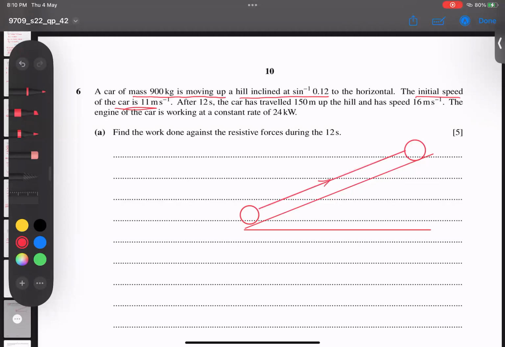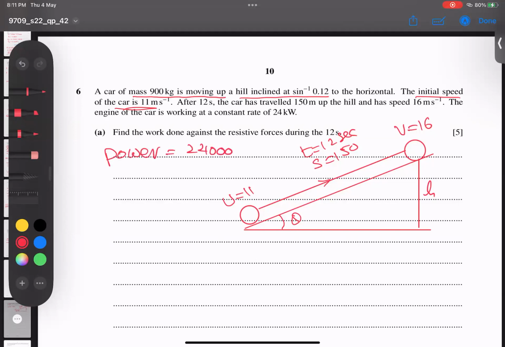The initial speed given by him is 11, and finally after 12 seconds, the distance traveled is 150 meters, and its speed becomes 16, with this angle theta. I make this triangle like this, and this is the height. And the power given by him is 24,000 watts.